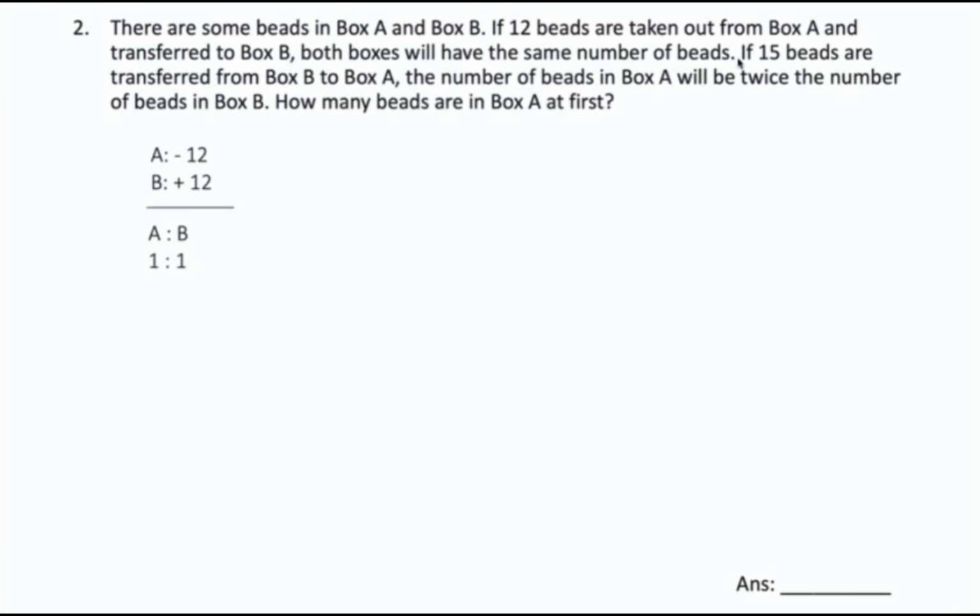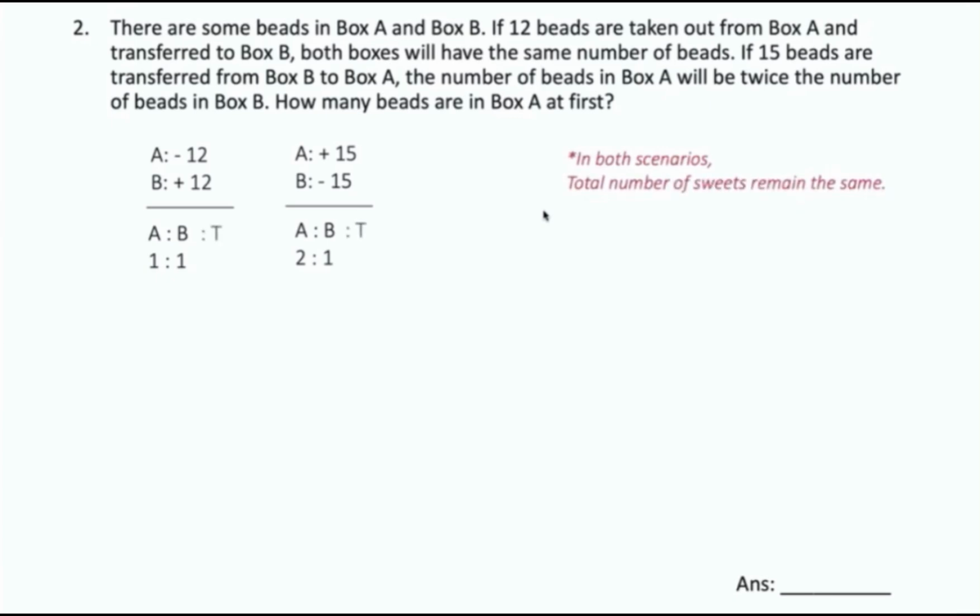So the second statement, if 15 bits are transferred from B to A, meaning you take out 15 from B and give it to A, the ratio will be A is twice B. So A is 2, B is 1. Just like before, the total doesn't change because in both scenarios, the bits are being given to each other.